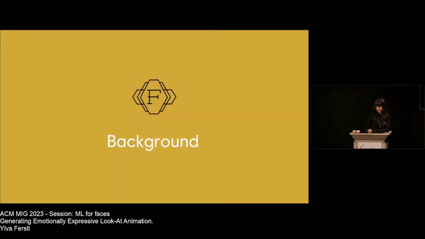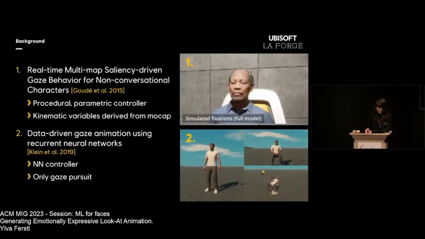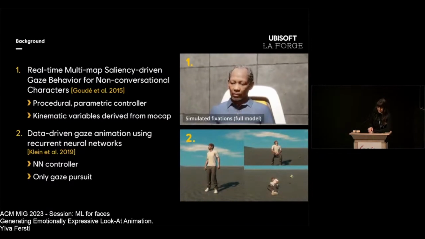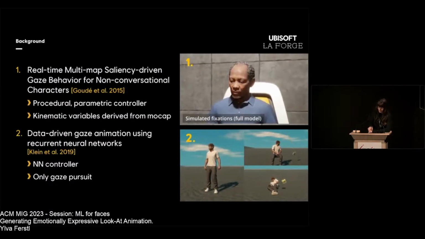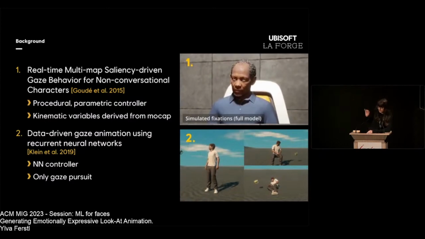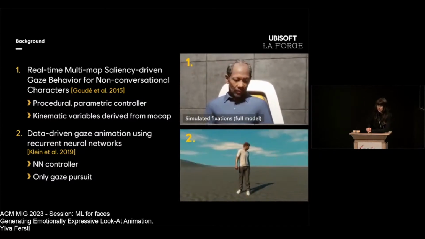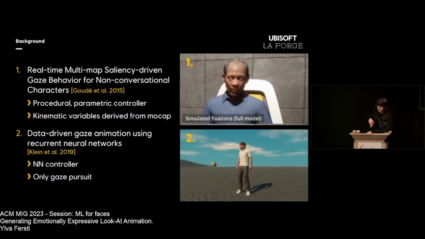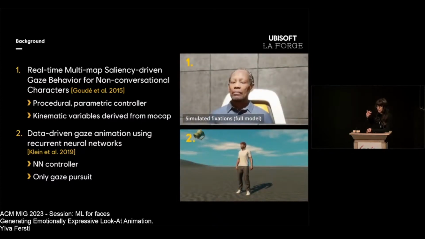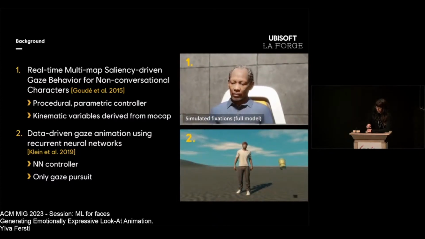There were very few or no previous works doing what we wanted to do. There's a couple that I want to highlight. The first is a fairly recent work, the real-time multi-map... It is a procedural controller that uses parameters, such as velocity, that are derived from mocap.